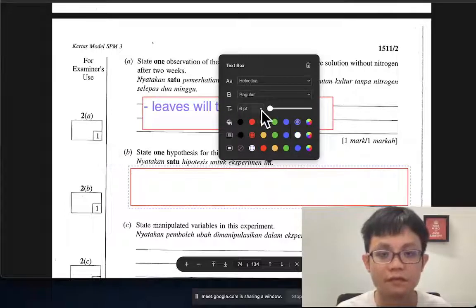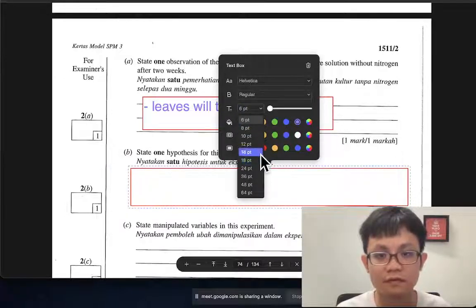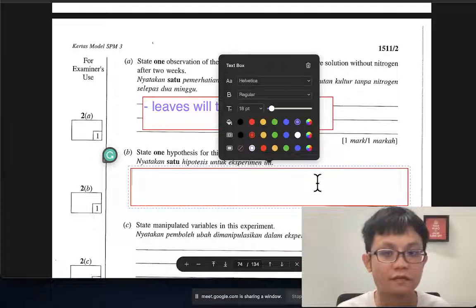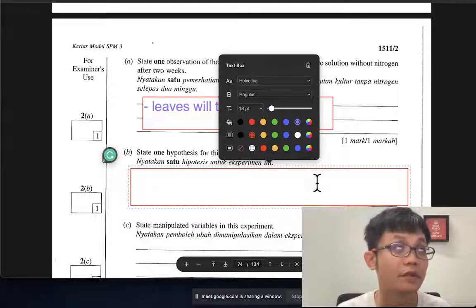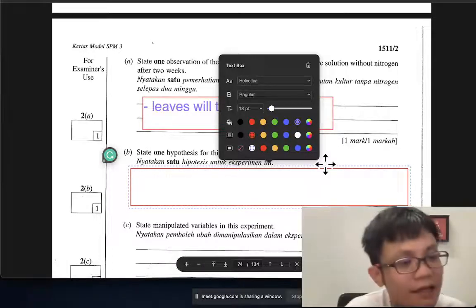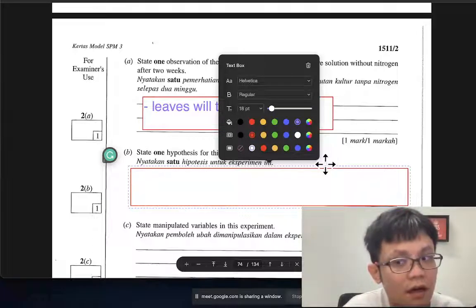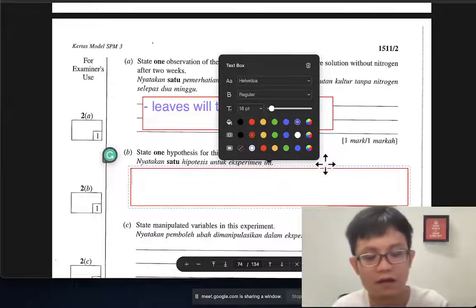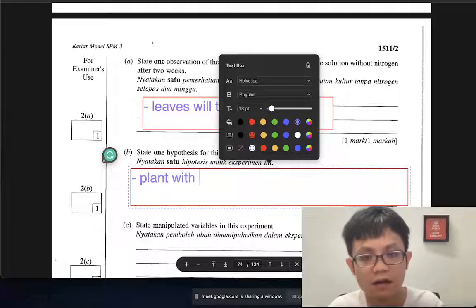Plant with nitrogen deficiency will grow yellow leaves. The hypothesis, plant with nitrogen deficiency will grow yellow leaves.